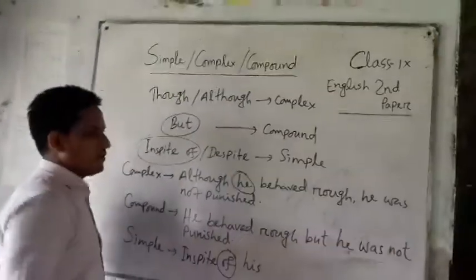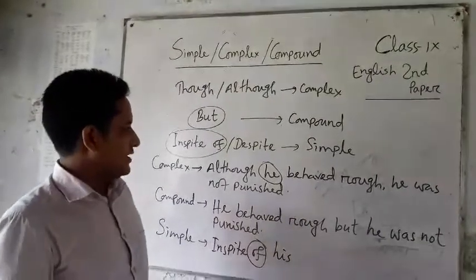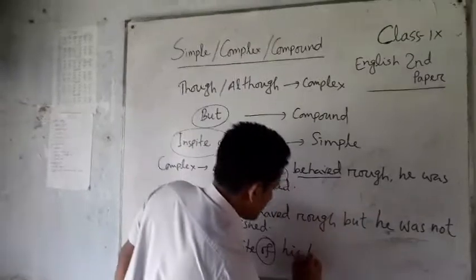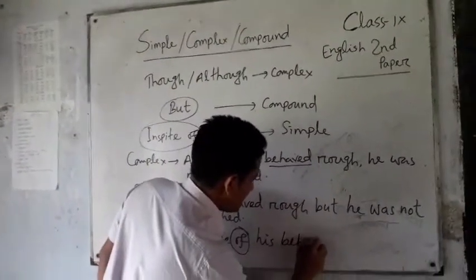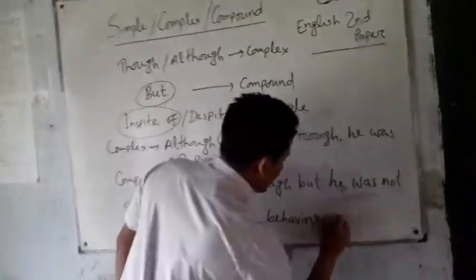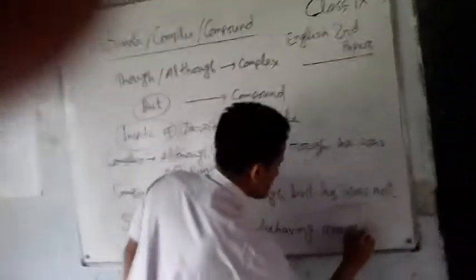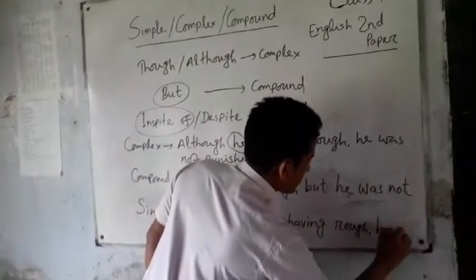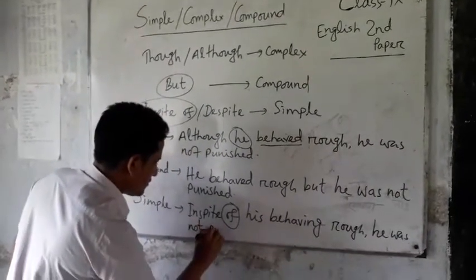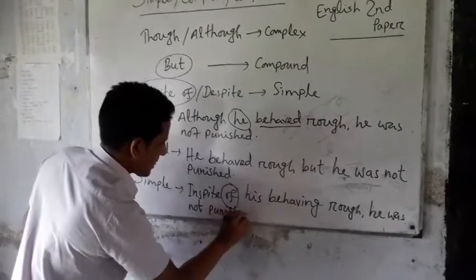After the possessive form we have to place the present participle form of behaved. So the present participle of behave is behaving. In spite of his behaving rough, he was not punished.